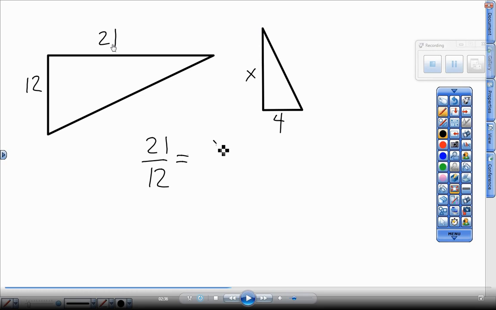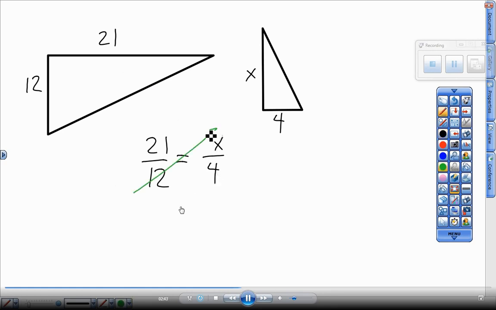So 21 over 12 equal to x over 4. The long side of the big triangle, the long straight side over the straight bottom, is equal to the long straight side over the straight bottom of the little one. Keep those balanced. So 21 over 12 is equal to x over 4.